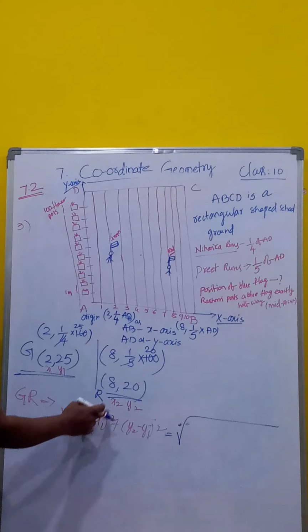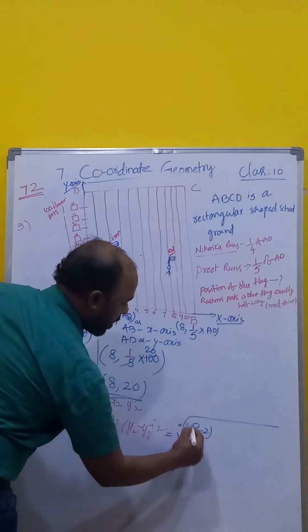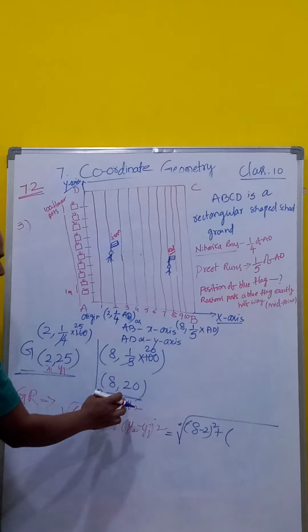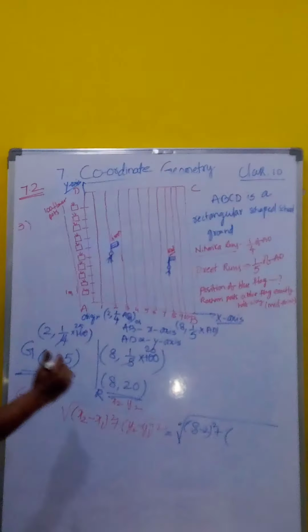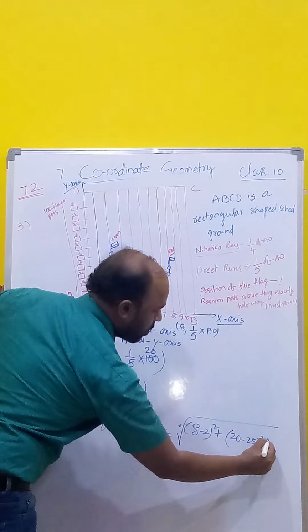x2 minus x1, x2 is 8, so 8 minus 2 whole square. Second, y2 minus y1, 20 minus 25 whole square.